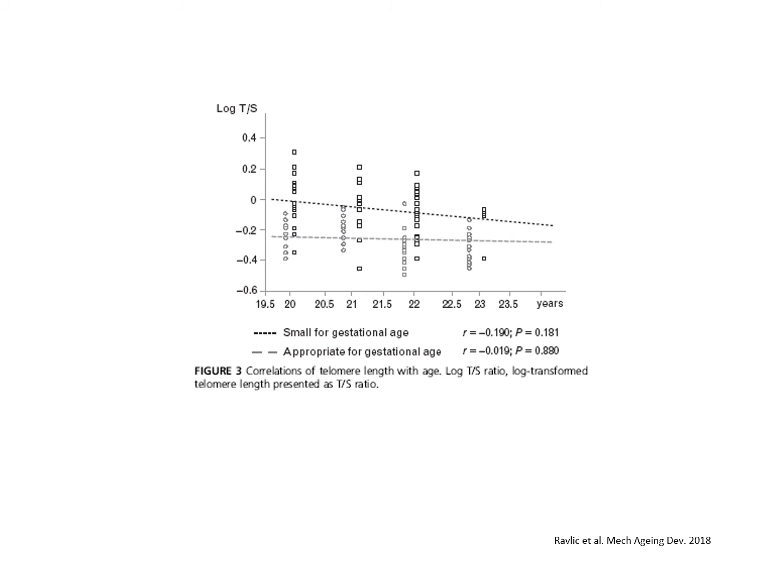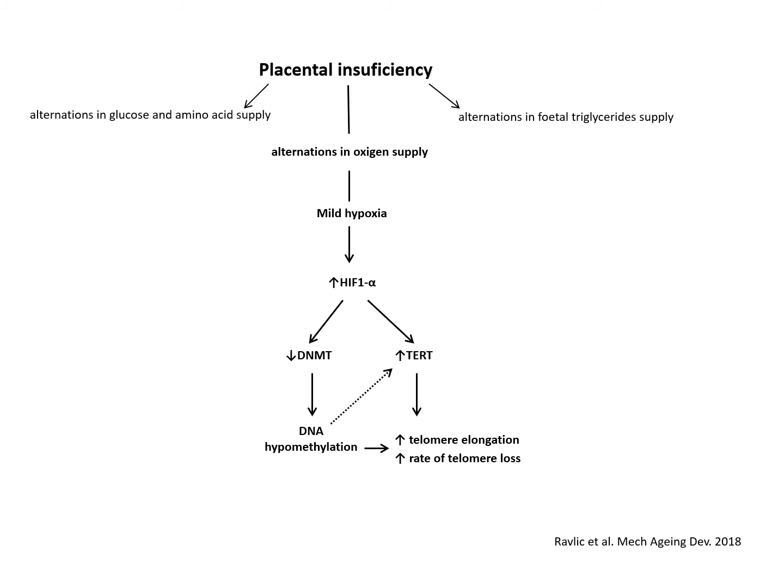So they do have longer telomeres, but they're losing these telomeres faster because for some reason they are not stable enough. So we wanted to see if we can figure out what would be the mechanism for this.